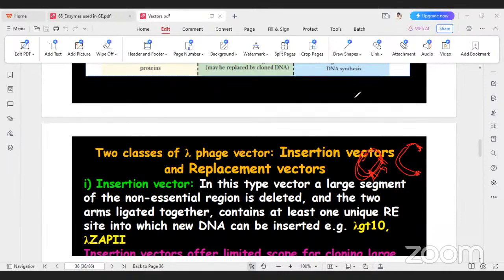Joined with desired gene insertion. That is the insertion vector.